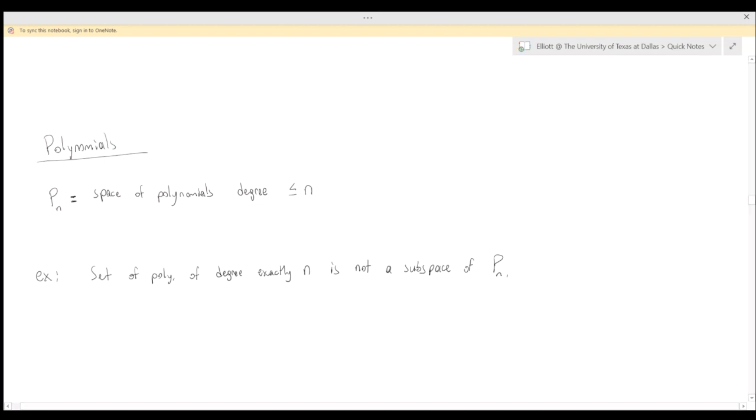The reason is that it does not contain the zero vector, for instance, which in this case would be the zero polynomial, the polynomial all of whose coefficients are zero.